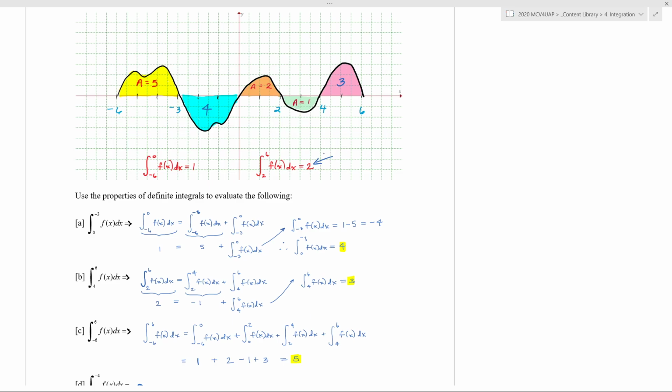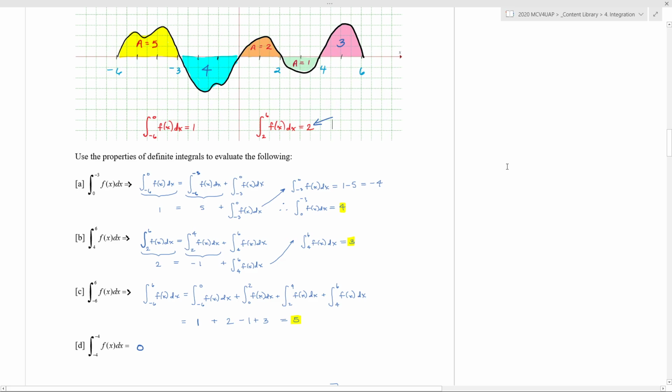So it would be 5 plus 2 plus 3, subtract 4 and 1, and you get a value of 5. I wouldn't expect you to have to write that out, but that's how the properties work. You can just break integrals up into sections. Any questions about C?